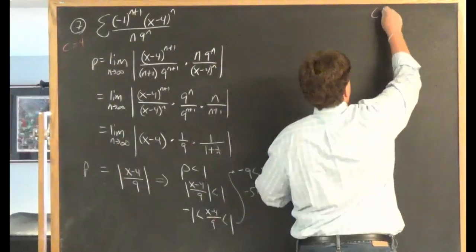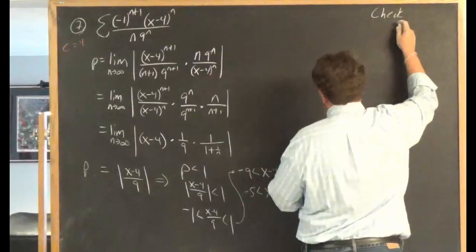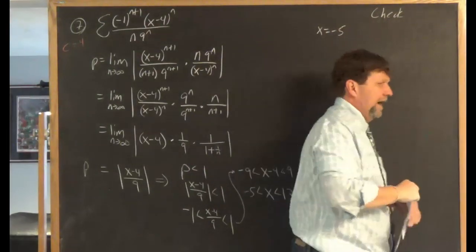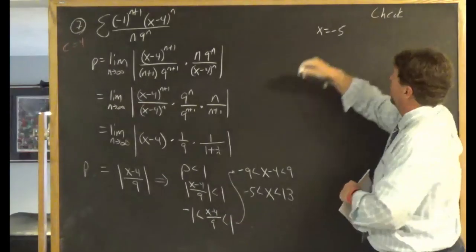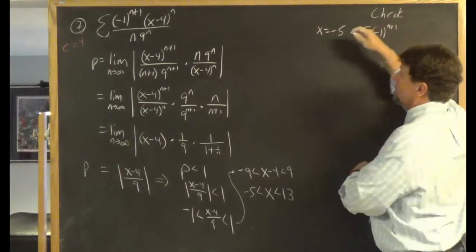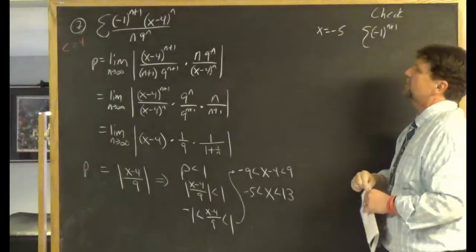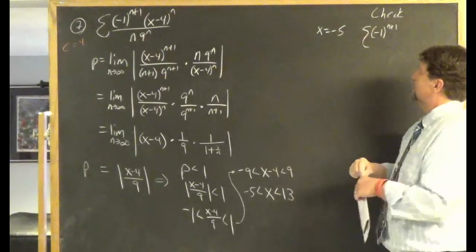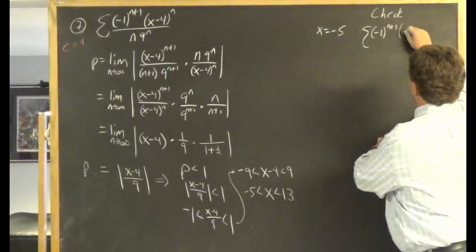So here we are, checking the endpoint -5. So -5 goes into the original series. So -5 goes in for the x. So you'd have -5 minus 4. That's -9.